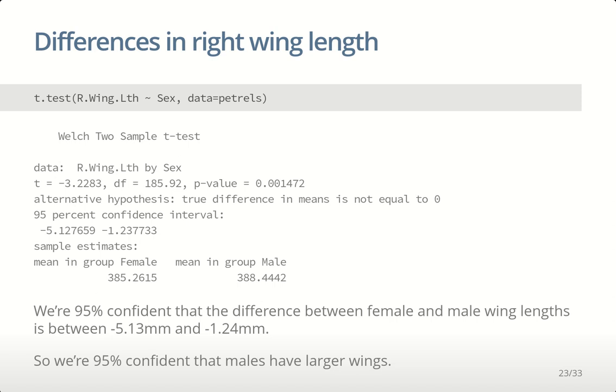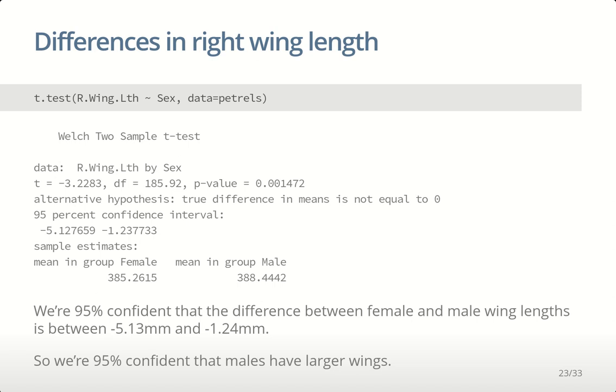So we're 95% confident that the difference in average right wing length between females and males in the population is between minus 5.1 and minus 1.2 millimeters. And because 0 is not an option in there, right, you're either minus 1.2 or sort of larger than minus 1.2 if you like, 0 is not an option, so they must be different. Okay, and males, of course, larger than females because these are negative.